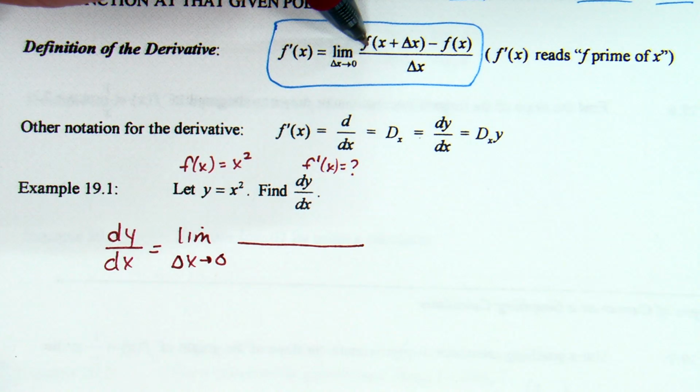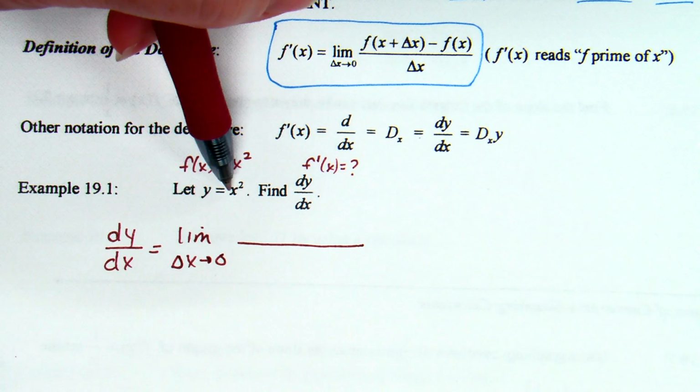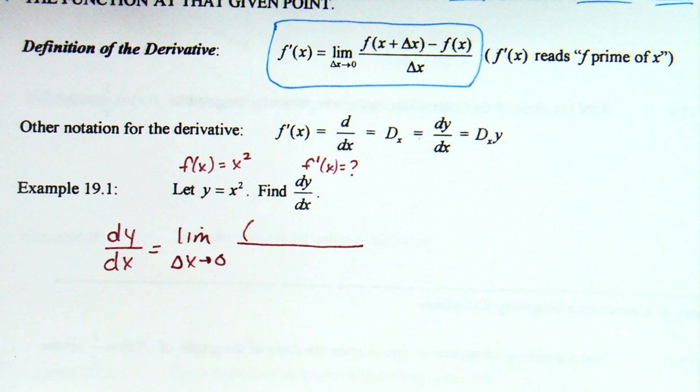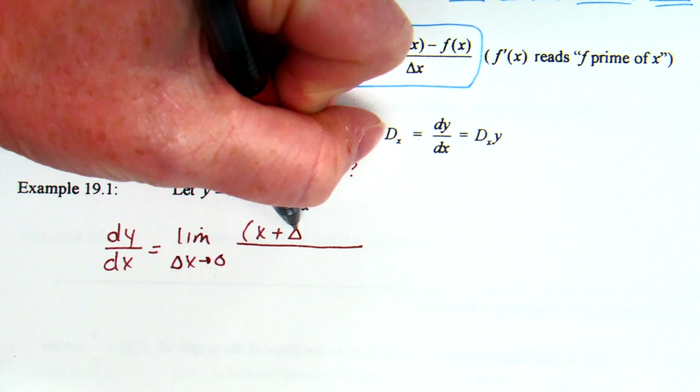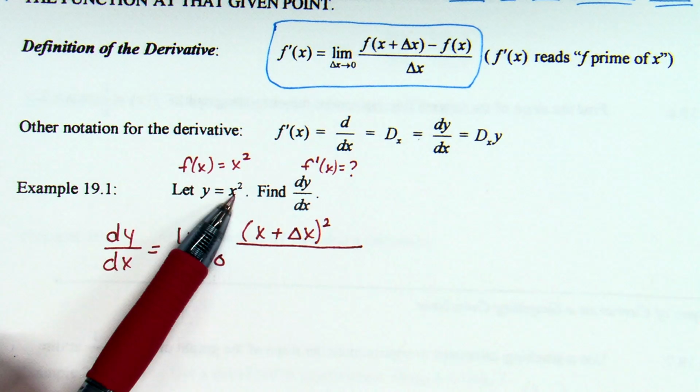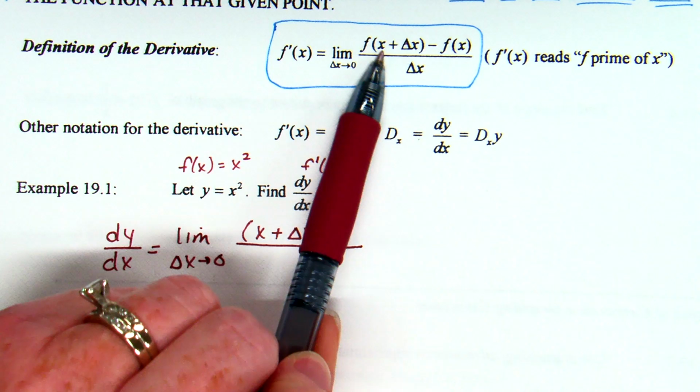And every place it says x, I'm going to replace it with x plus delta x. So my function is x squared. Replace that x with x plus delta x, and what do I write? x plus delta x, quantity squared. Okay, so it was x squared. We're taking the x and replacing it with x plus delta x, because it told us to do f of x plus delta x.